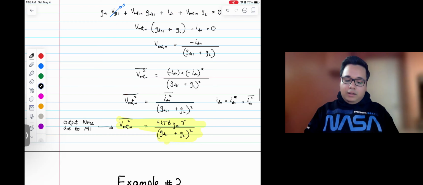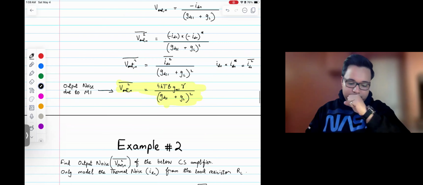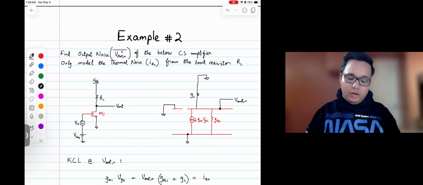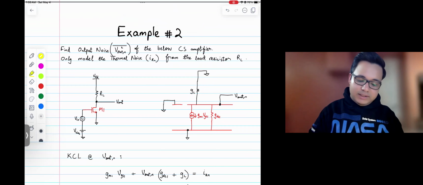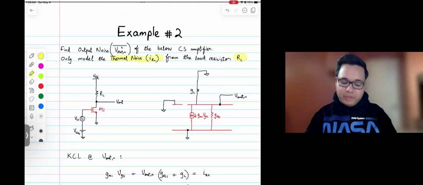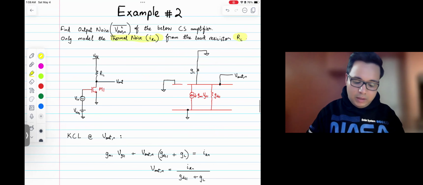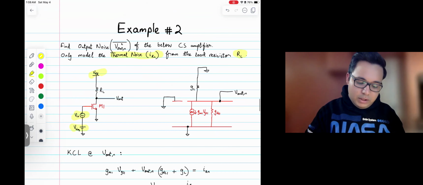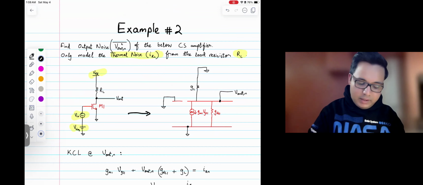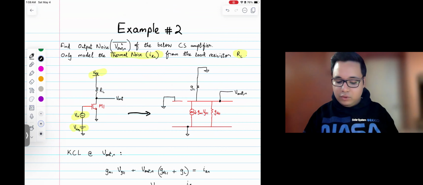All right, let's move on to example 2. Here we have to find the output noise of again a common source amplifier. The only difference though is this time we're modeling the thermal noise of the load resistor RL. So again, same thing. We short out these voltage sources, V in, V bias, VDD, and then we draw the small signal model, and then we can add the noise source.